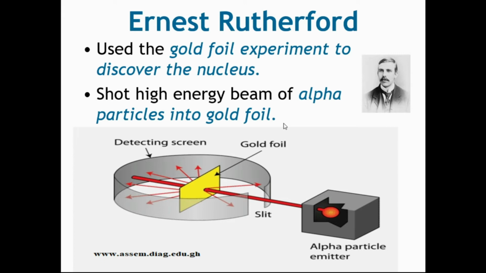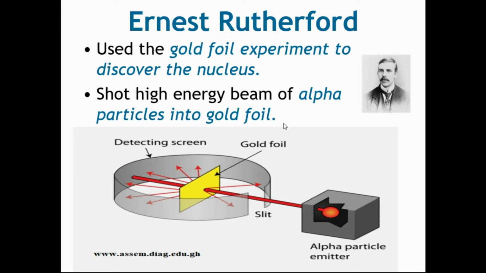Now, from your lesson in radioactivity, that's the disintegration of radioactive material, which leads to the release of alpha, gamma, and beta particles or radiations. We learned that alpha particles are positive in nature. Okay?